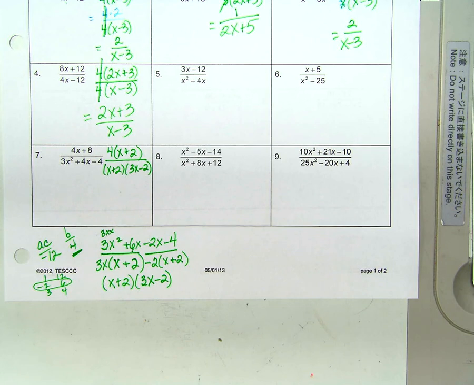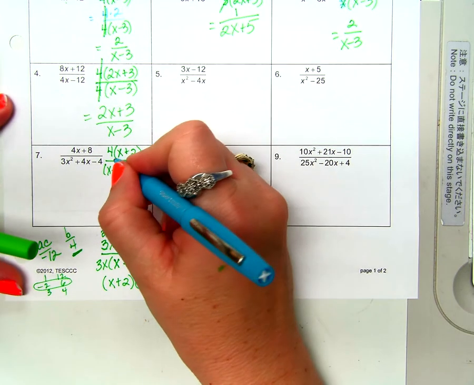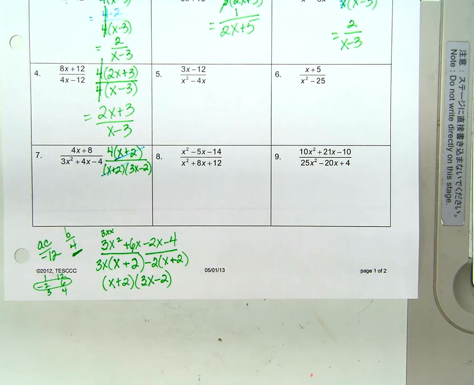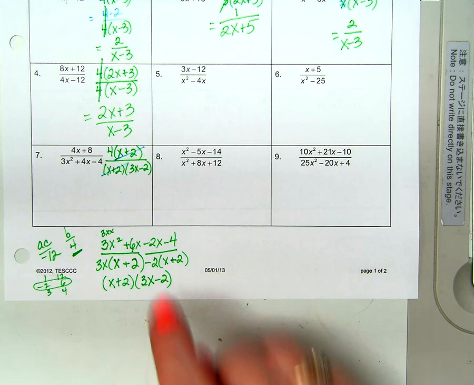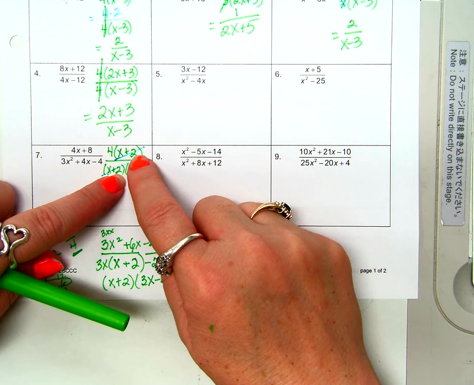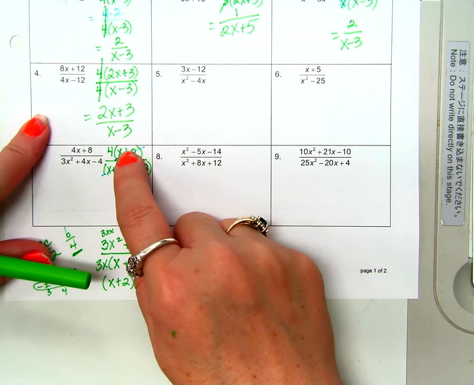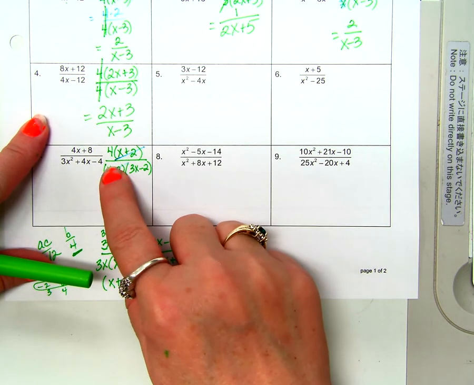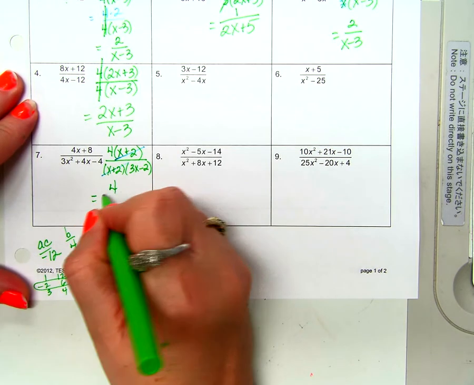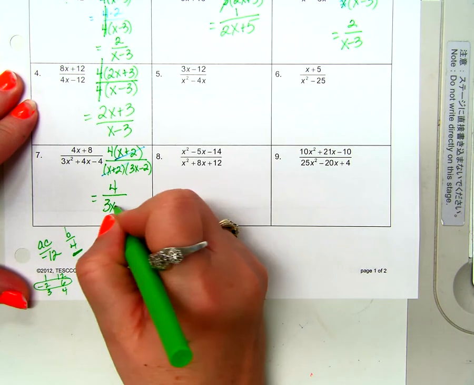If I cancel it out like this, I'm allowed. Yes. Now, please understand that I did not cancel out the x's and then cancel out the 2's. I didn't, did I? I canceled out the whole x plus 2 and the whole x plus 2. So I do get 4 over 3x minus 2.